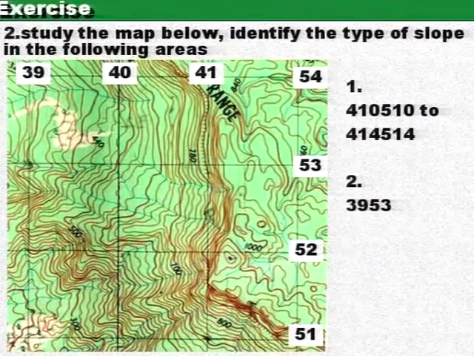The second one, the grid square, 3953. Kathy, found an answer? No? Caleb? For the second example, 3953.